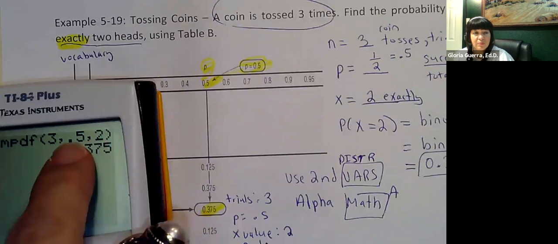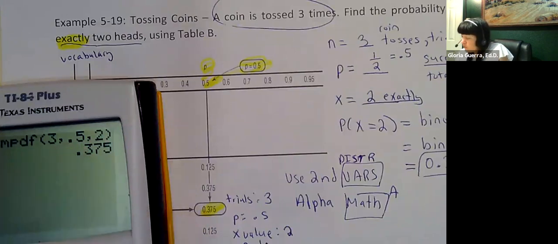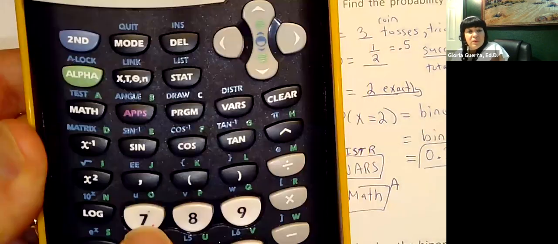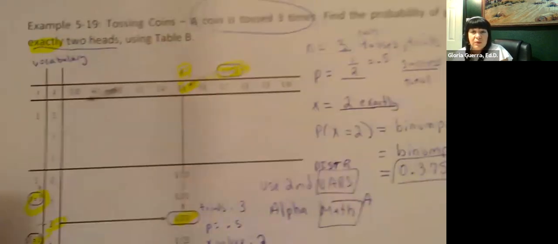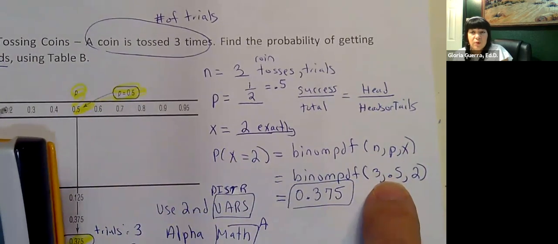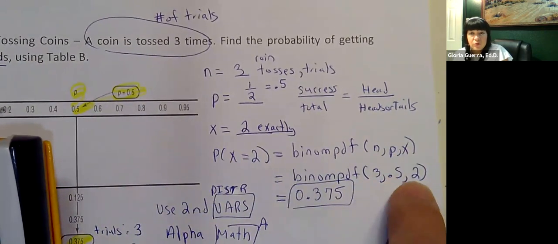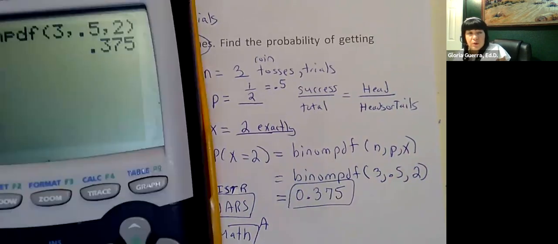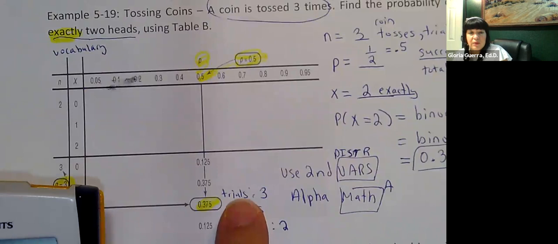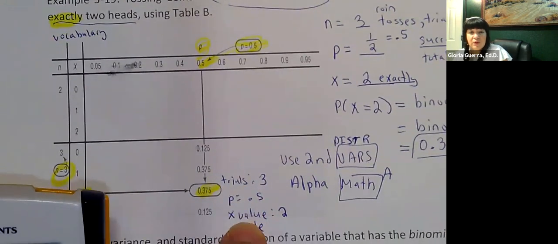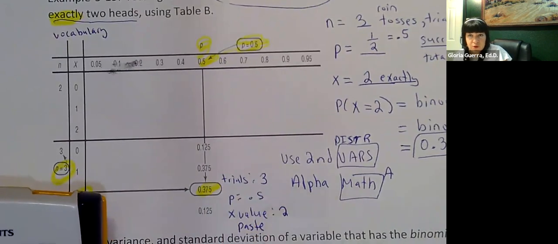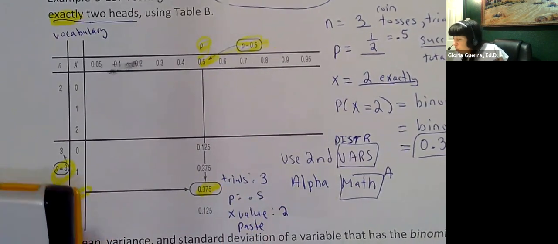They have to type in 3 comma, and I have to tell them that the comma is above the 7. So they have to type in the N, P, X: 3 comma point 5 comma 2 and then hit enter. Whereas for us, we have this heading trials, p, x value, and we just type in 3, .5 and 2 without commas. So I wanted to show you that.